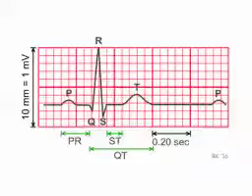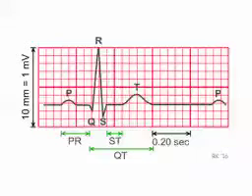The most important segment of the ECG wave is the ST segment, and changes in this segment may indicate ischemic heart disease.